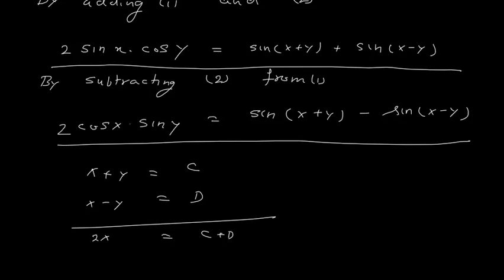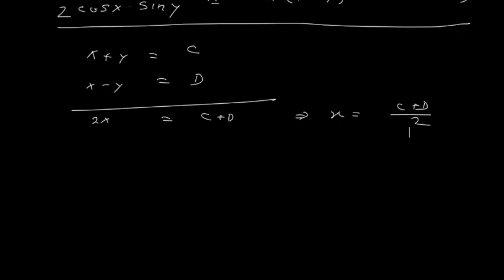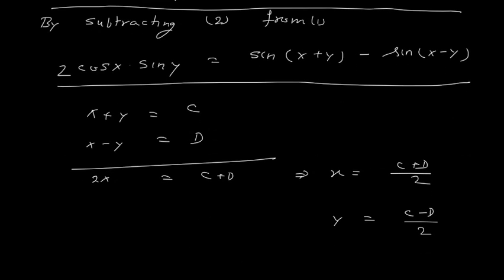That gives me the value of x as c plus d by 2, and similarly the value of y I will get as c minus d by 2. Therefore x is c plus d by 2 and y is c minus d by 2.